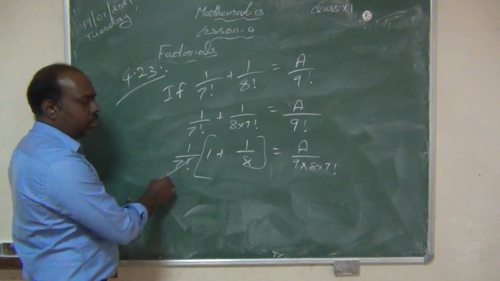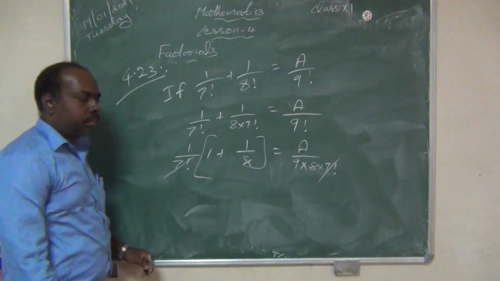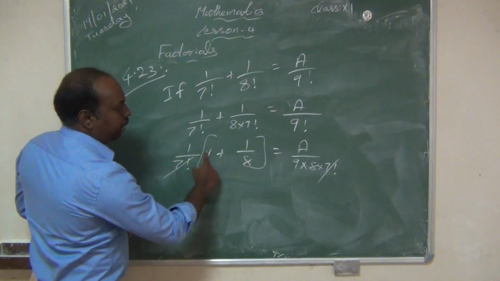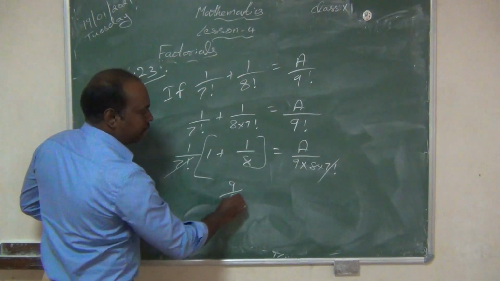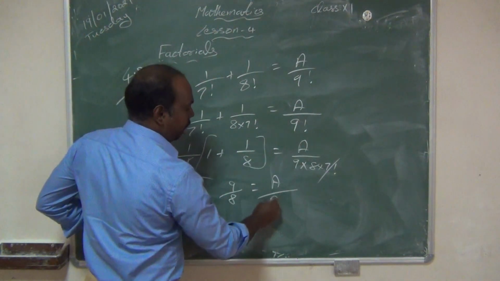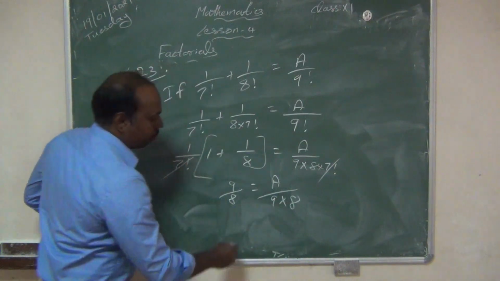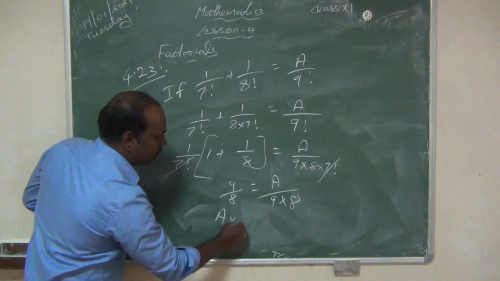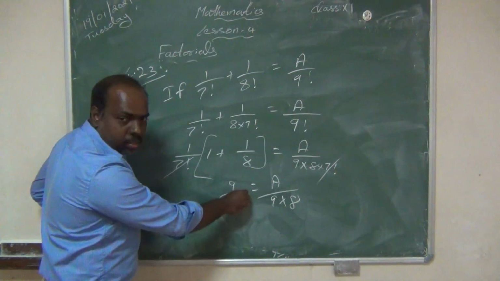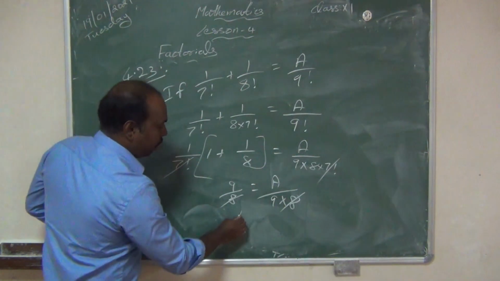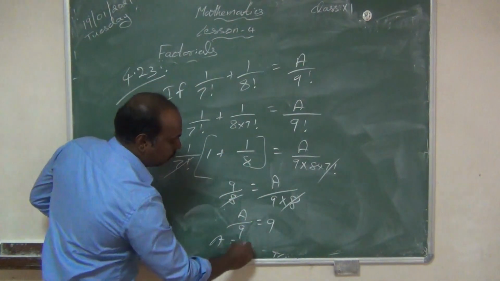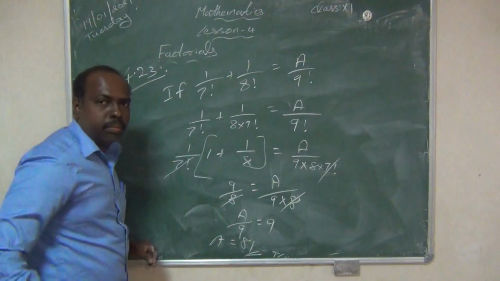Now 7 factorial gets cancelled. Therefore take the LCM: 8 plus 1, 9. 9 by 8 equals a by 9 into 8. We can cancel this 8, no? 8 gets cancelled. Therefore a by 9 equals 9. a equals 9 into 9, that is 81. That is the answer.